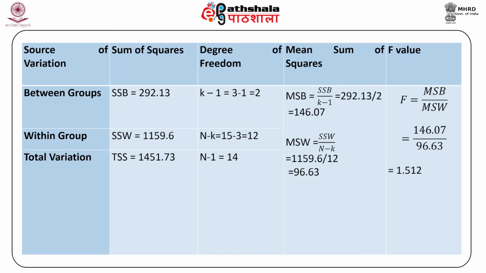K minus 1 comes out to be 3 minus 1 equal to 2. N minus k comes out to be 15 minus 3 equal to 12. And n minus 1 comes out to be 15 minus 1 equal to 14.